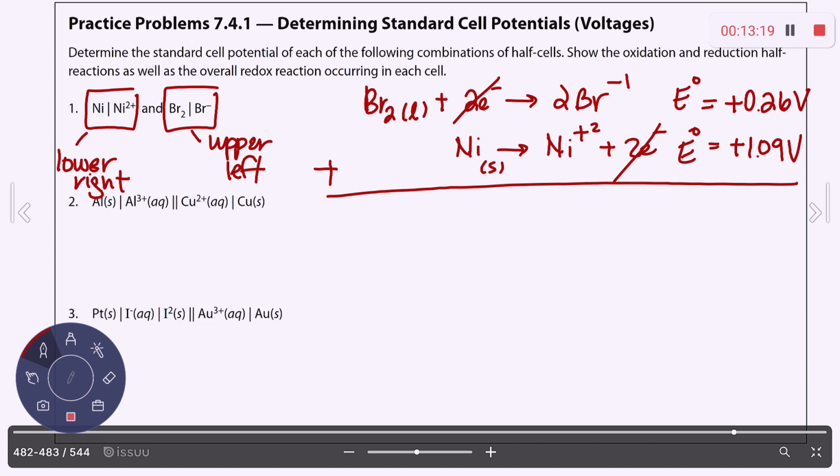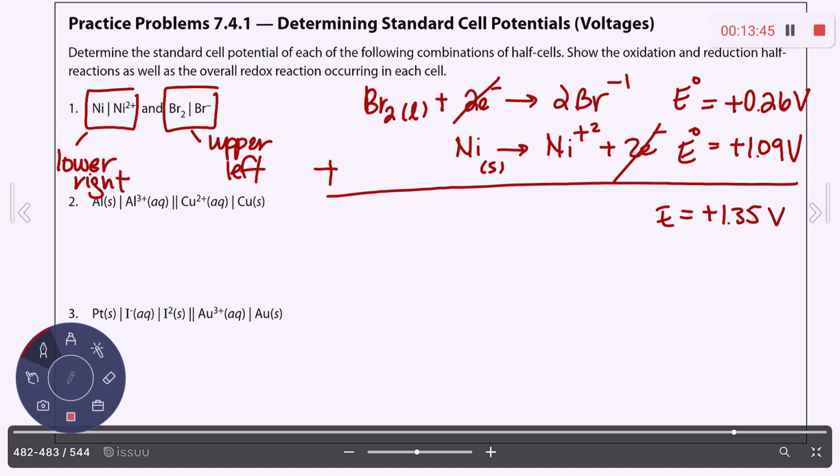You also add together the voltages, and you're going to get positive 1.35 volts. Since it's positive, that means this is a spontaneous reaction, and we're good to go. Do you want to try one on your own, or you understand?